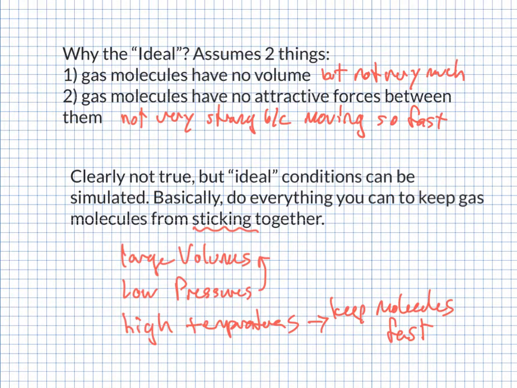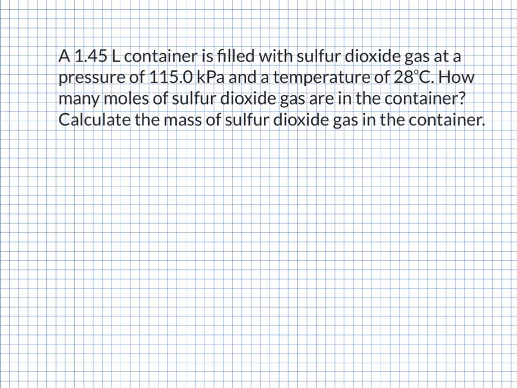So let's do a quick practice problem. A 1.45 liter container, that's a volume, is filled with sulfur dioxide gas at a pressure of 115.0 kPa, that's a pressure, and a temperature of 28 degrees Celsius, that's a temperature. How many moles of sulfur dioxide gas are in the container?